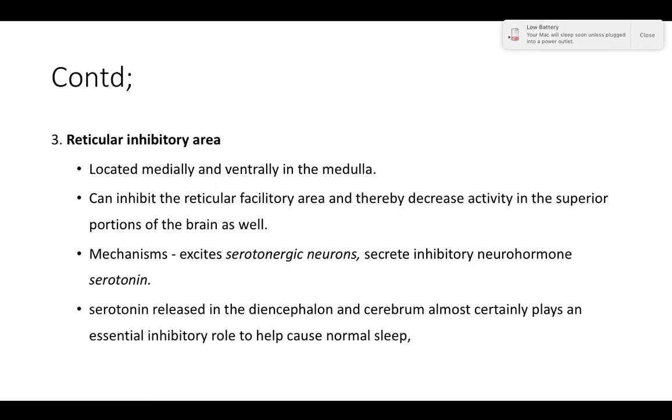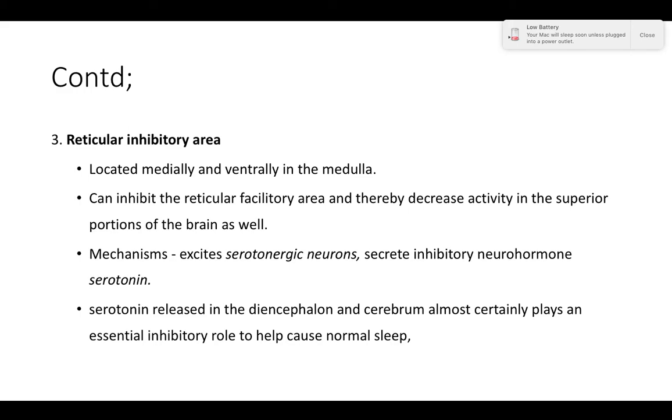The main mechanism is the release of serotonin by serotonergic neurons, which are inhibitory. So these fibers can release serotonin even in the diencephalon and cerebrum, and that is how the subject goes into sleep.